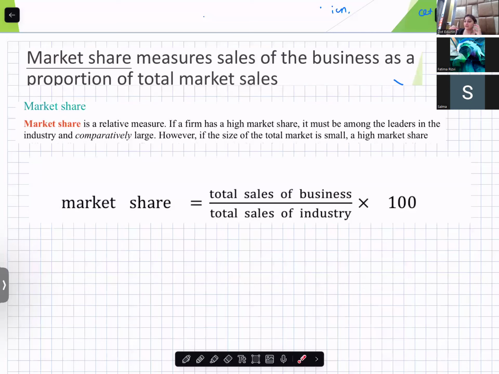I would repeat, your business sales in proportion to the total market sales. So if your market share in the entire market is higher, then you are a large business. If your market share is lower, then you are a small business. Okay. So market share is the total sales of the business upon the total sales of the industry into 100.